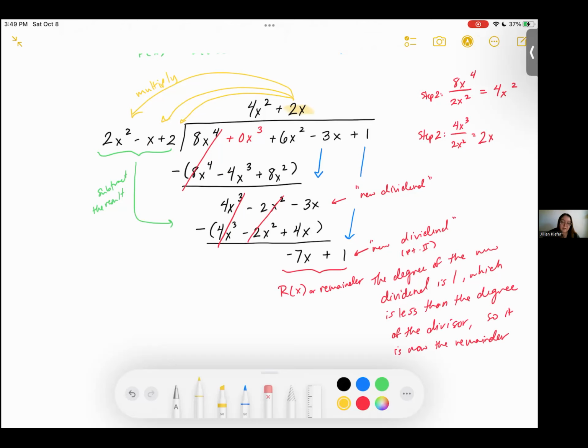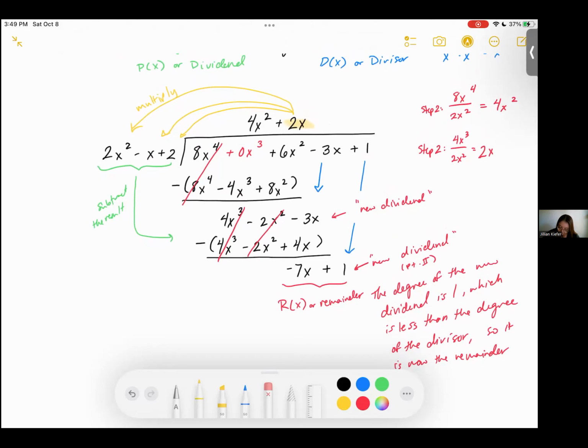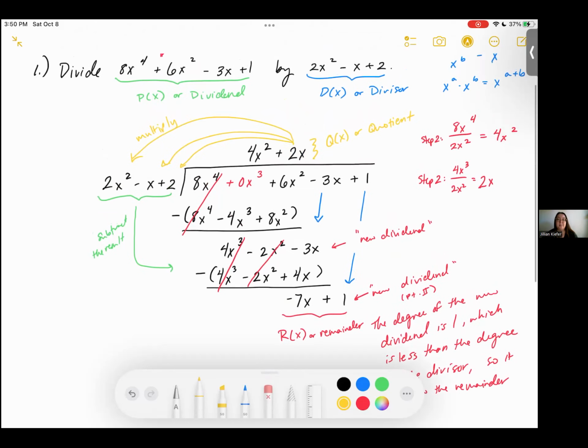Then we have over here the 4x squared plus 2x. This whole statement here is q of x, or the quotient. So we now have all of the terms that we need to put into our division algorithms. We have p of x, d of x, q of x, and r of x.